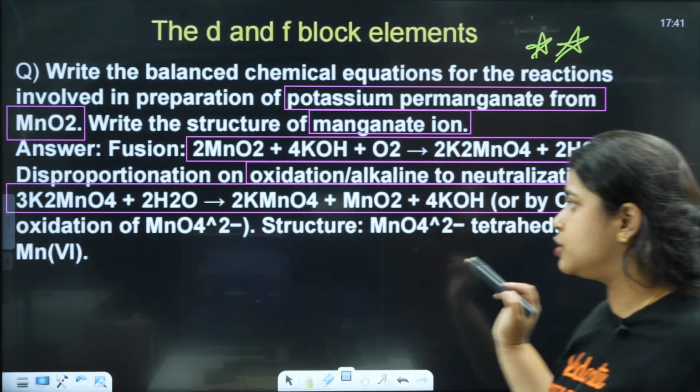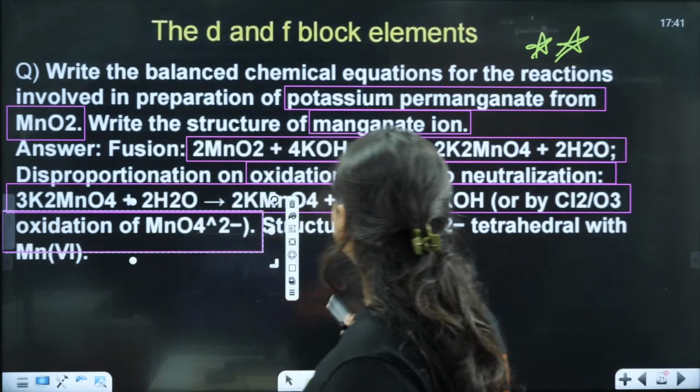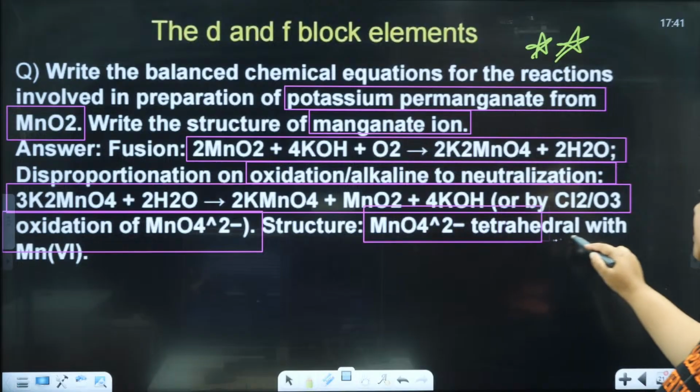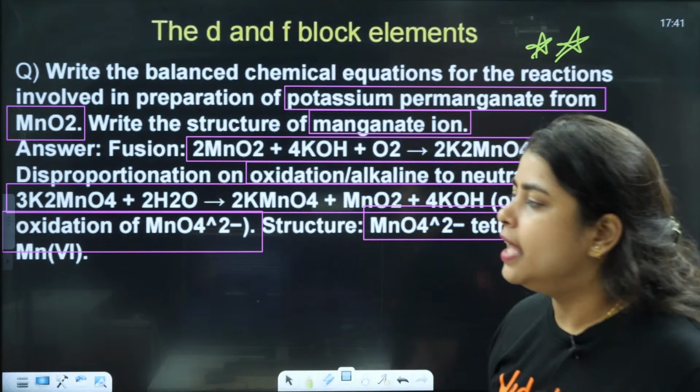This is how the reaction is going to form. Clear? So what is the structure? The manganate ion is tetrahedral with the Mn. Tetrahedral structure it will have.